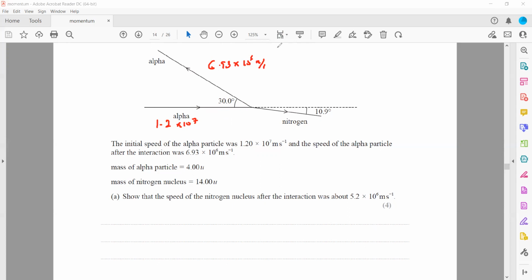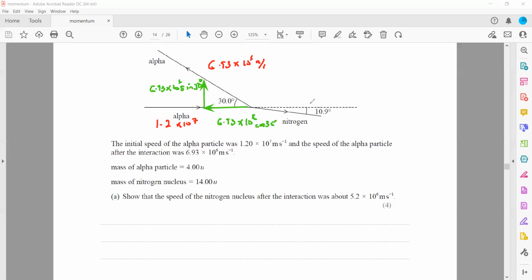Or I can substitute the values as well: 6.93 times 10 to the power 6 cos 30, because it is at an angle. And the vertical component will be equal to 6.93 times 10 to the power 6, that is the speed, sine 30.